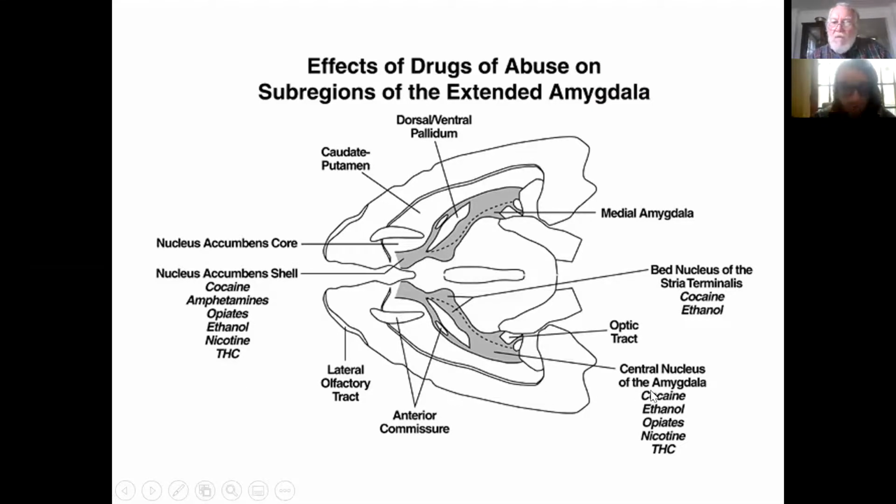Also, the central nucleus of the amygdala, and some for the bed nucleus of the stria terminalis. So from the shell all the way through the bed nucleus of the stria terminalis out to the central nucleus of the amygdala, we have this big long swath of cells that seem very affected by the drugs of abuse.